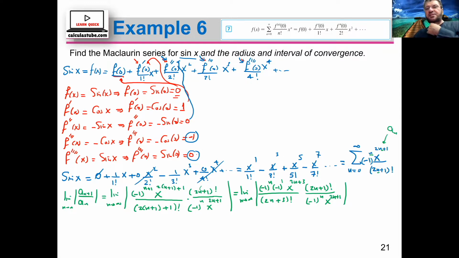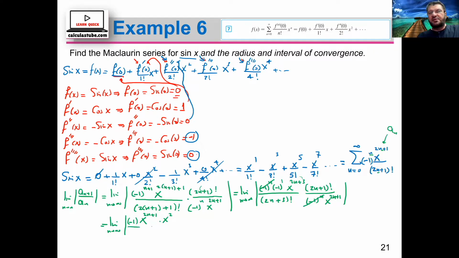Now, I need this x to the 2n plus 3 to match this. So I'm going to write it this way. So this is equal, guys, to the limit as n goes to infinity of what? This is minus 1 to the n. By the way, let me remove this one actually. Minus 1 to the n, as you see, goes with this one. So I have only minus 1 times x to what power? I'm going to make 2n plus 3 to be 2n plus 1 times x squared. How about that? Because when you multiply, you add them, right? 1 plus 2 is 3. So I can write it this way.